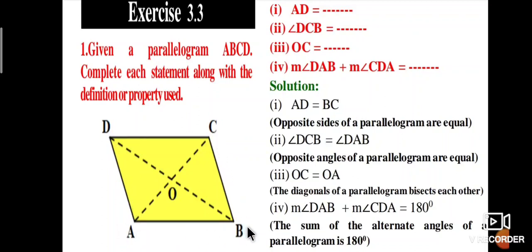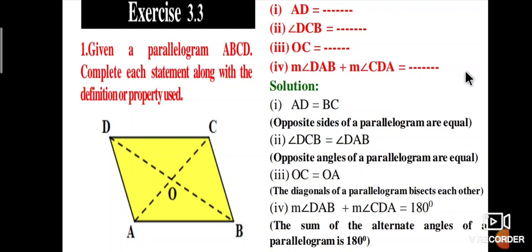Okay, first one, we find AD is equal to dash, angle DCB is equal to dash, third one OC is equal to dash, fourth one the angle DAB plus the angle CDA is equal to dash.